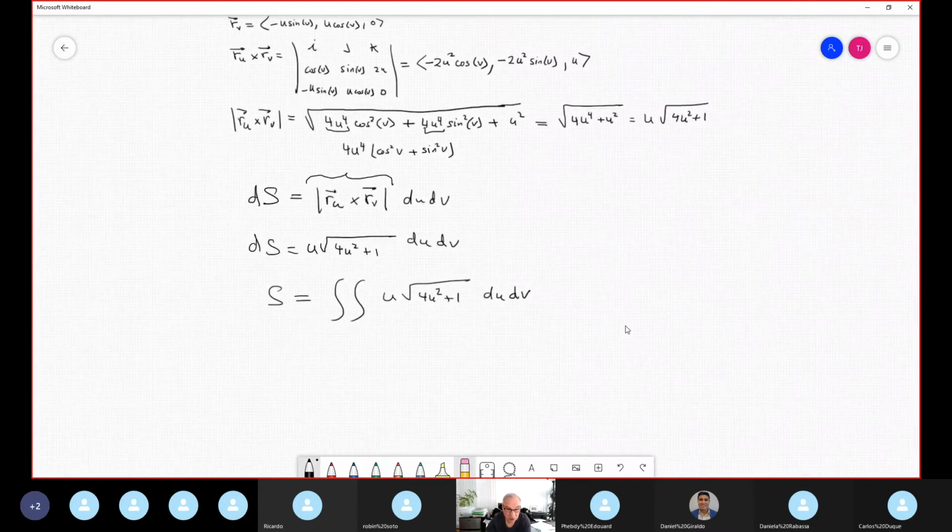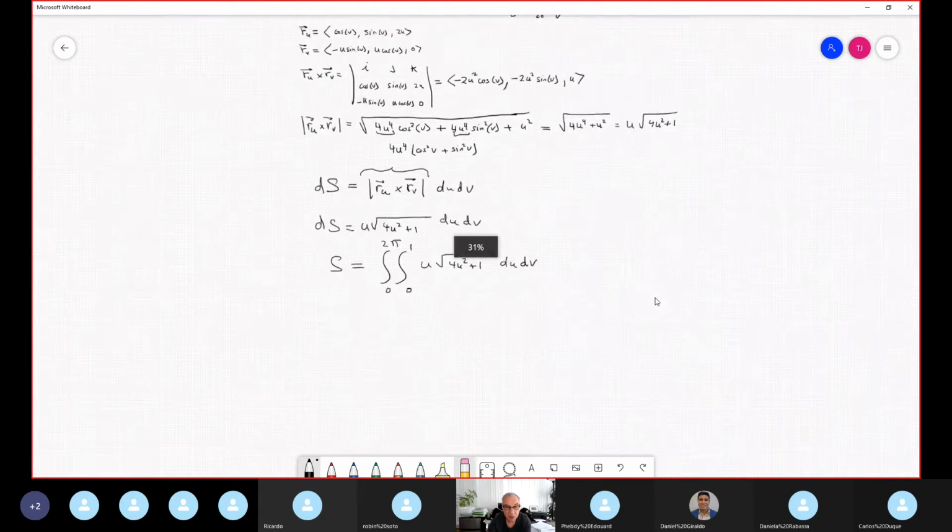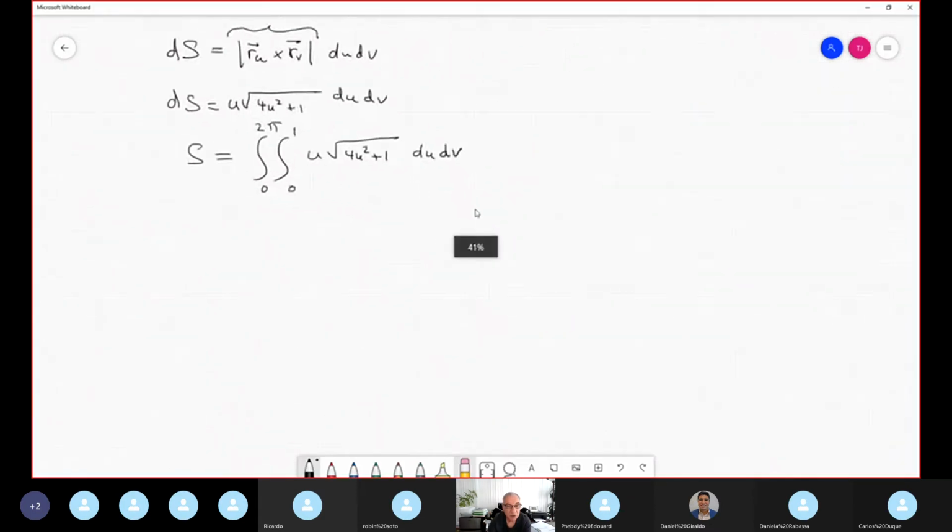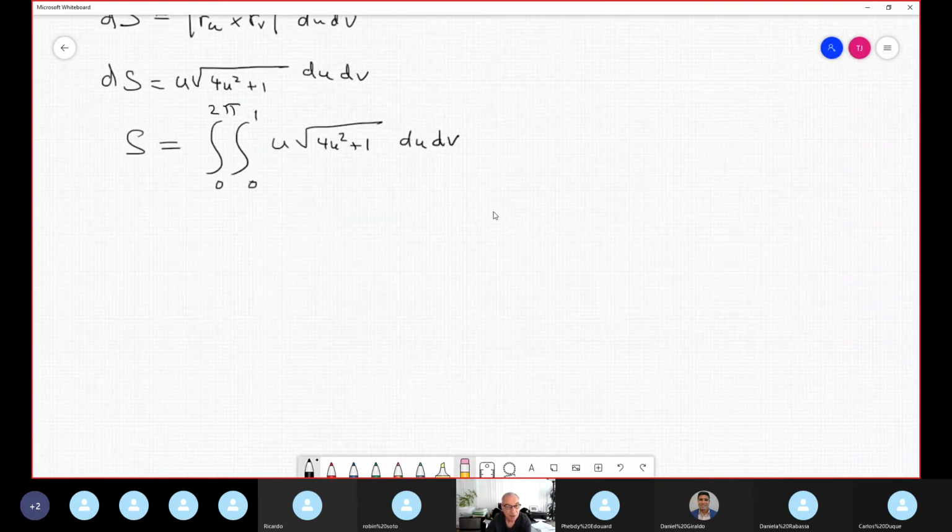Okay, and who is u? u varies from 0 to 1 and v varies from 0 to 1. Of course we can separate, because by curiosity our integrand function depends only on u. Nice, I love it.